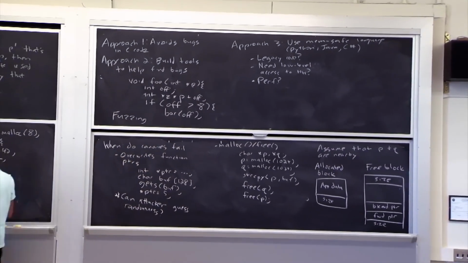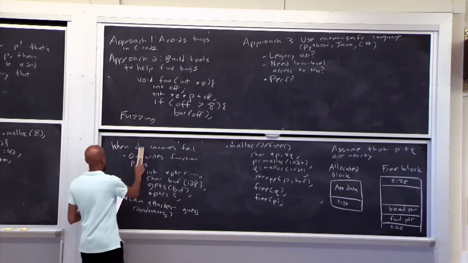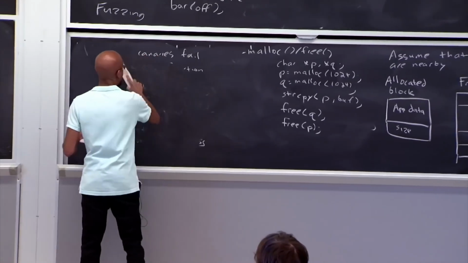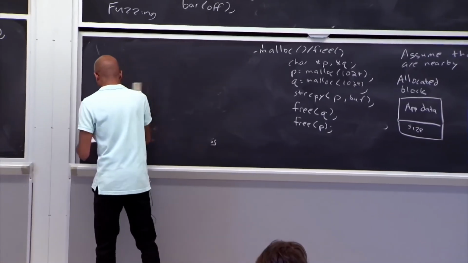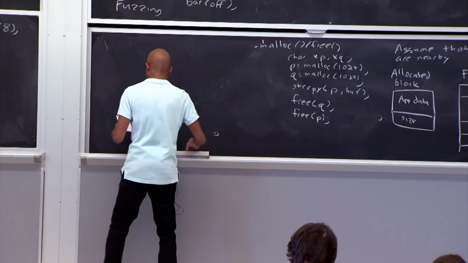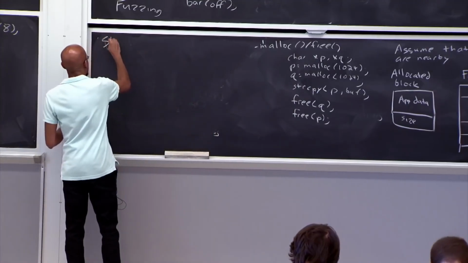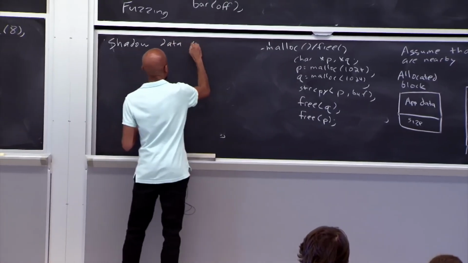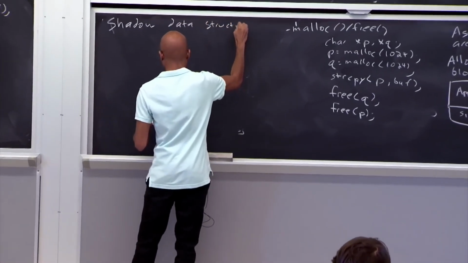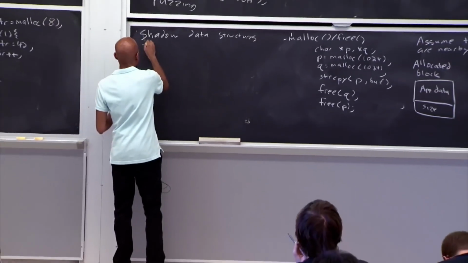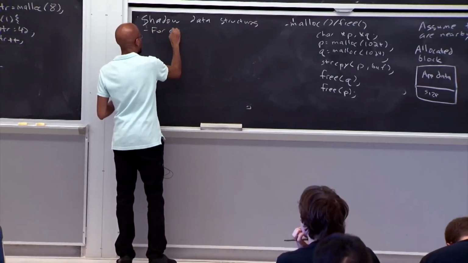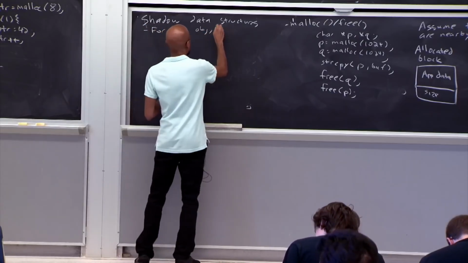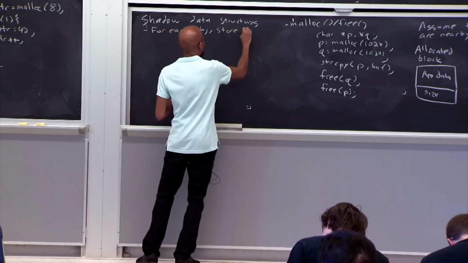So now we can start talking about bounds checking with respect to the shadow data structures mentioned in the baggy bounds paper. So the basic idea for these shadow data structures is that for each object that you allocate, you want to store how big the object is.